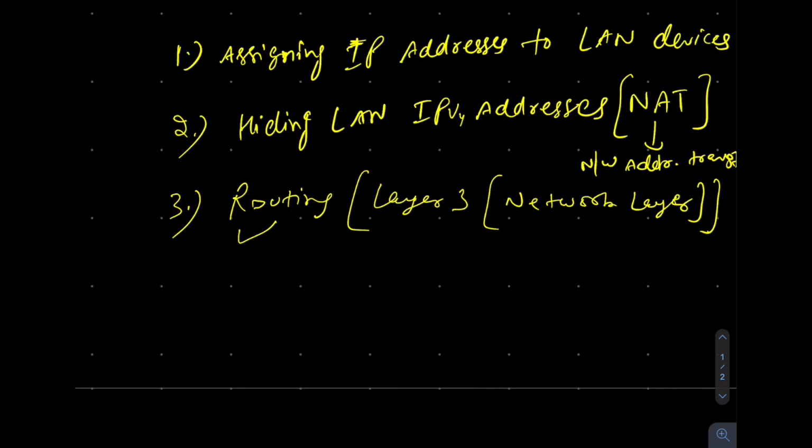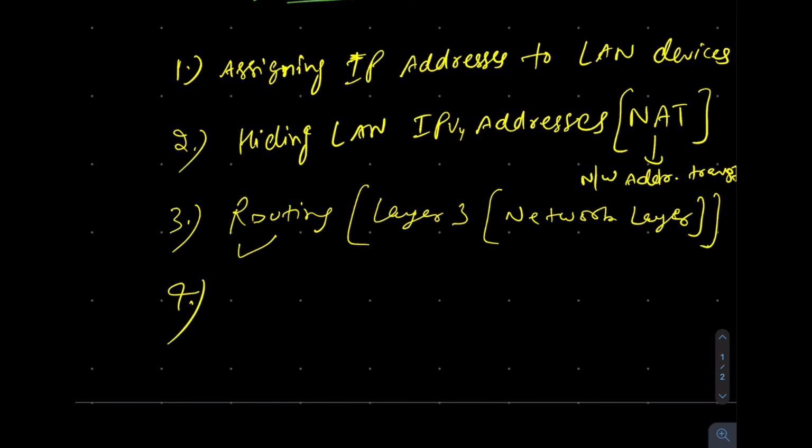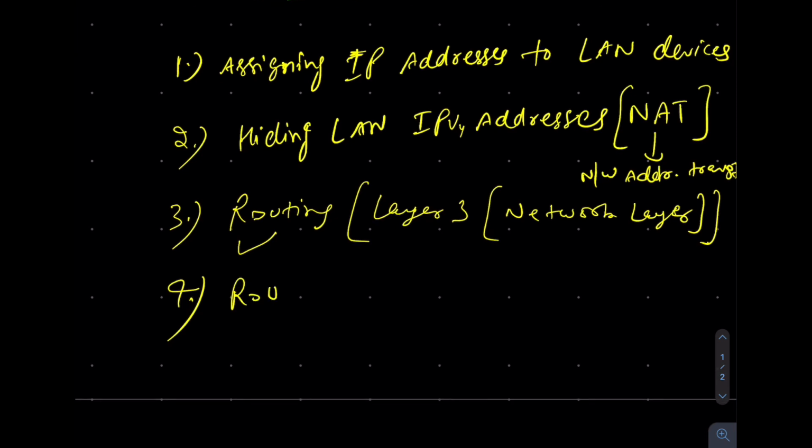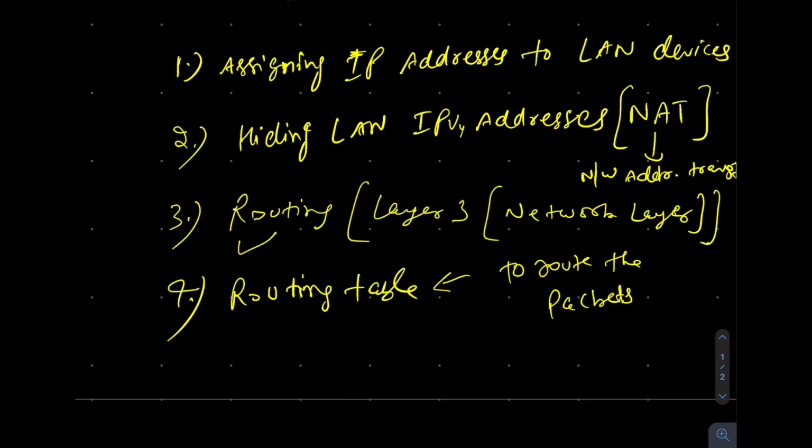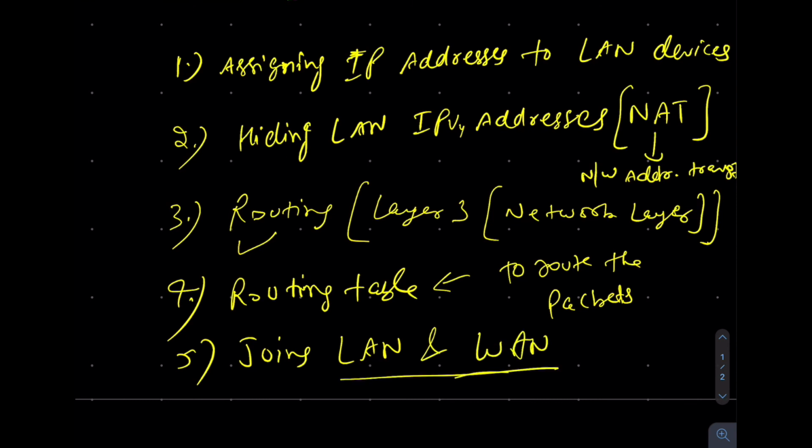The fourth thing the router does is maintain a table inside the router, which takes the mapping of, say, a routing table, and the table is basically used to route the packets. So these are the four things, and it also joins LAN and WAN. It joins the local area network and the wide area network.